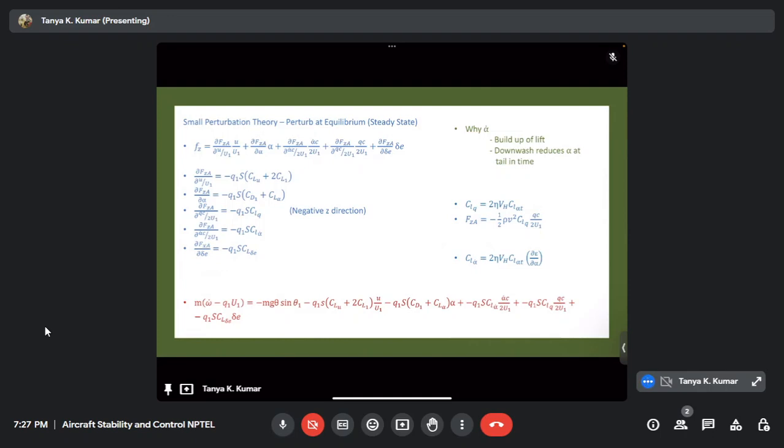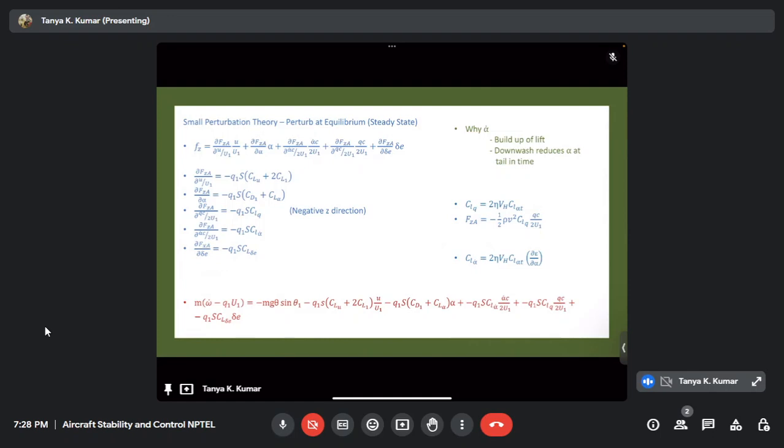We'd even seen the downwash angle, its effects on the pitching moment coefficient and all of that. What is downwash? Downwash angle.